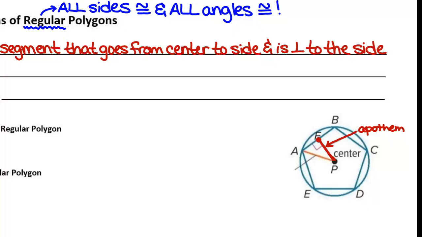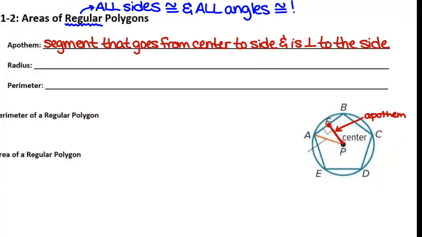It goes from the center to the side of the polygon, not to the edge of the circle, and it makes a right angle where it hits the side of that polygon.